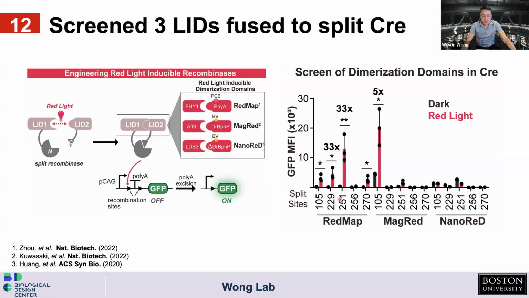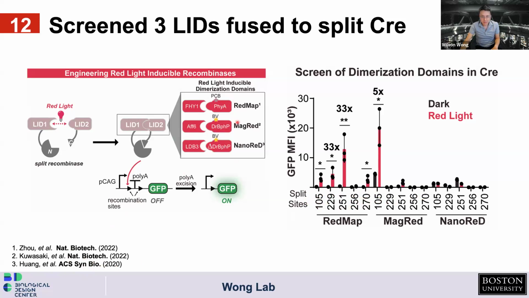Luckily, when we were developing our inducible recombinases, mostly chemical inducible recombinases, a few years ago, we screened through a lot of cut sites within, let's say, Cre in this case. We have some pairs that we think will work, and they seem to work for multiple inducible dimerization systems as well. So that's what we did here. We picked these sites that have been shown to work for other inducible dimerization systems from Cre, and then we started attaching them to these three known red light inducible dimerization systems.